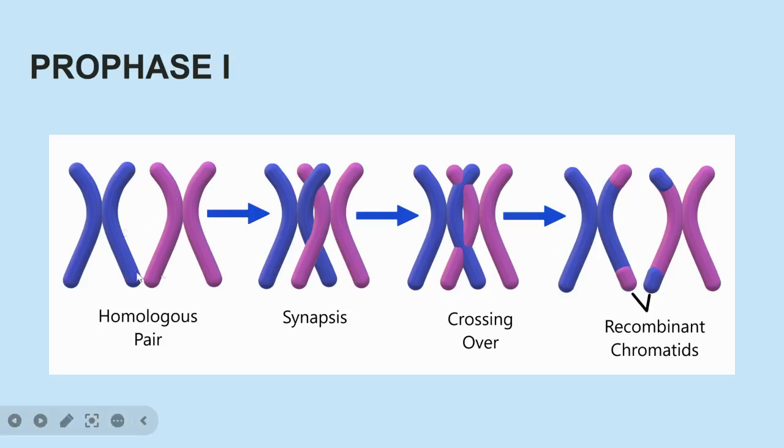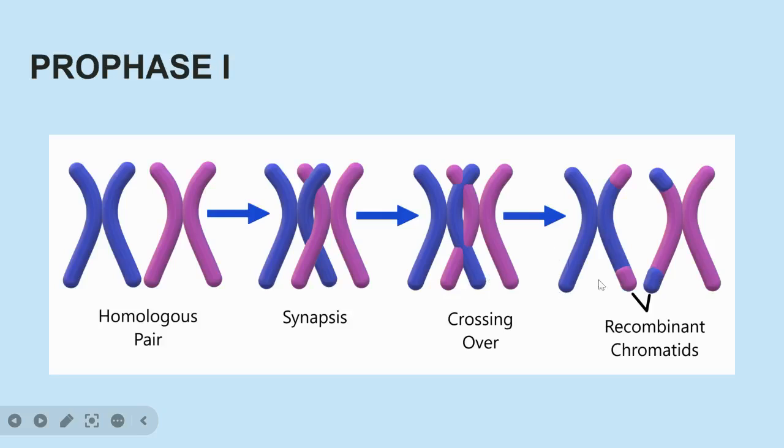So this is a homologous pair. Ayan po, may nanggaling kay mother, kay father. Kapag sister chromatids po kasi, ito pong kabuuan, sister chromatids. Pero pag sinabi nating homologous pair, ito and ito. So, homologous pair, then synapsis begins po, and the crossing over, and the recombinant chromatids po.